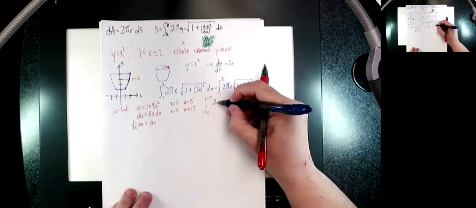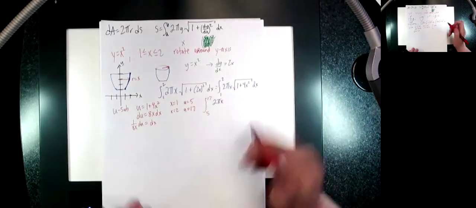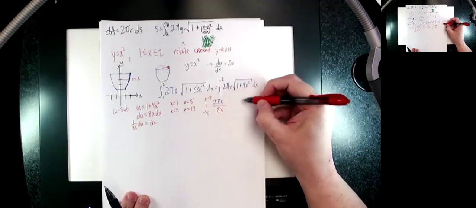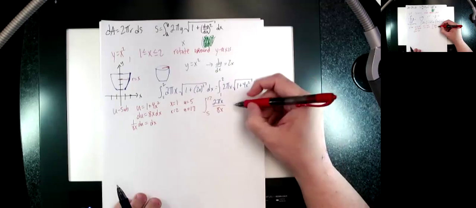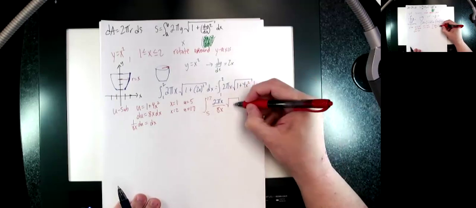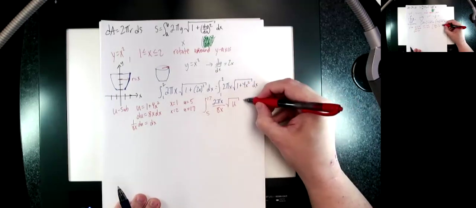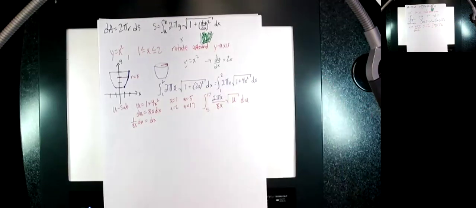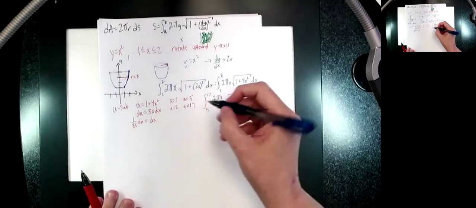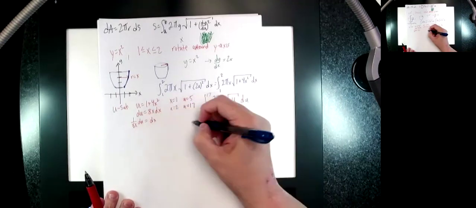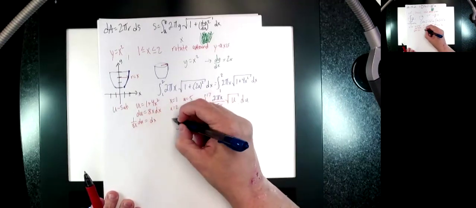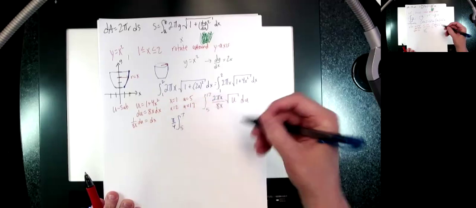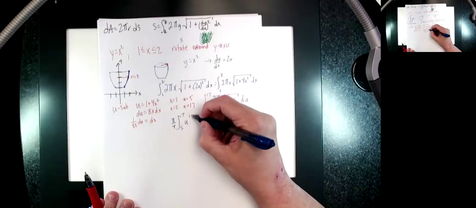We had the 2 pi x, and we're changing it to du, so we're going to have 8x on the bottom. This is the square root of u now, du. That cleans up to pi over 4. I'll pull the pi over 4 out, 5 to 17. I'm going to write the square root of u as u to the 1/2.